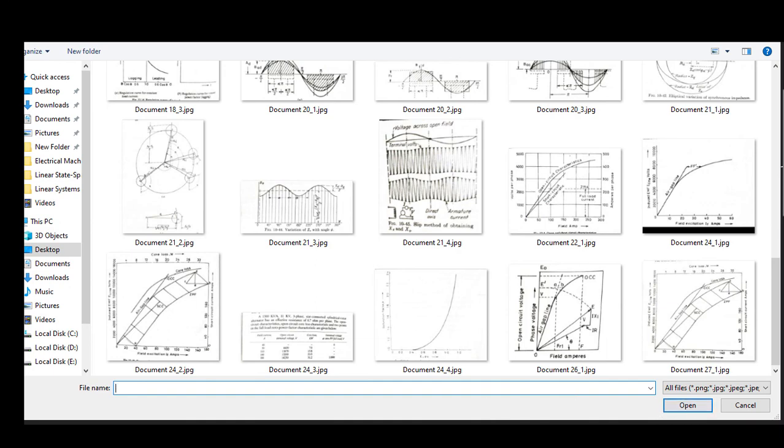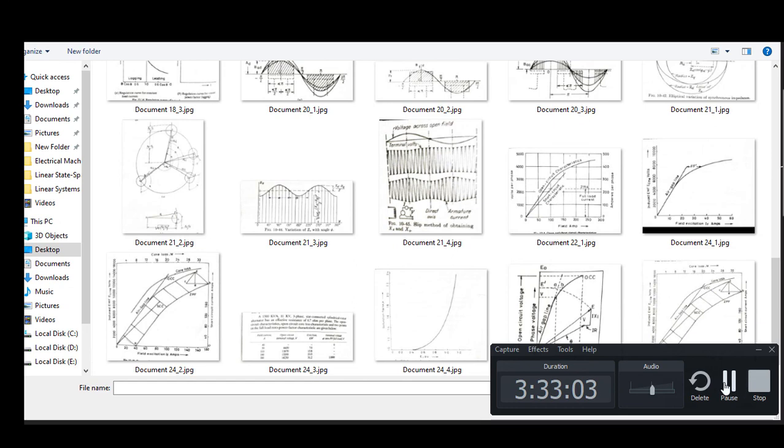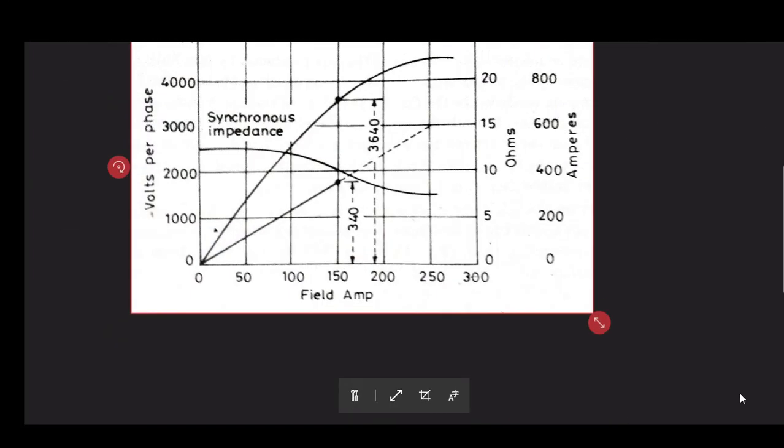Just a minute. So this was the curve I was talking about.